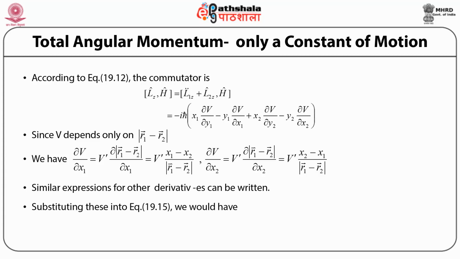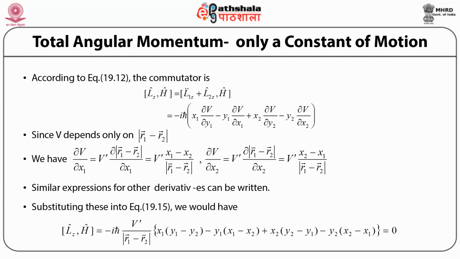Substituting this into equation 15, we have the commutator of operator Lz with Hamiltonian operator H equal to minus iota h cut into v prime divided by modulus of r1 minus r2 into within the brackets x1 into y1 minus y2 minus y1 into x1 minus x2 plus x2 into y2 minus y1 minus y2 into x2 minus x1, brackets close, and this is equal to 0.